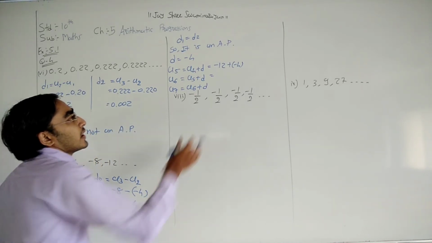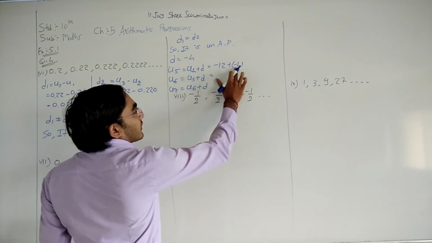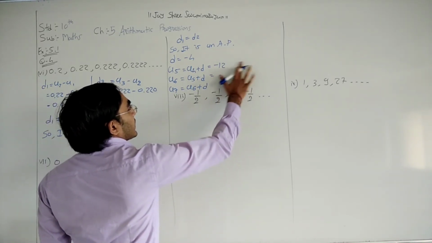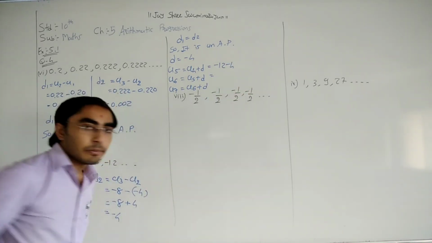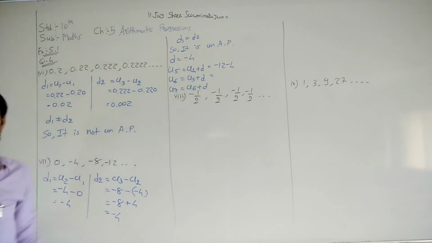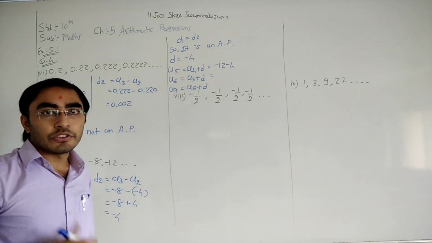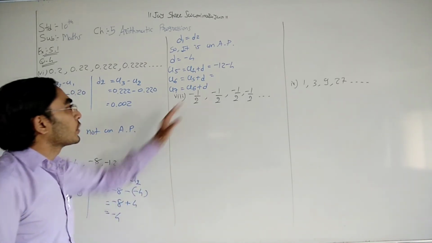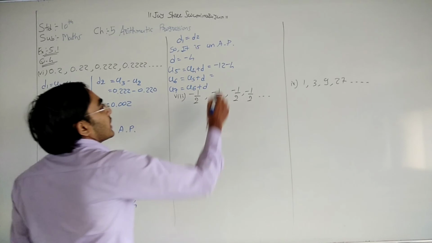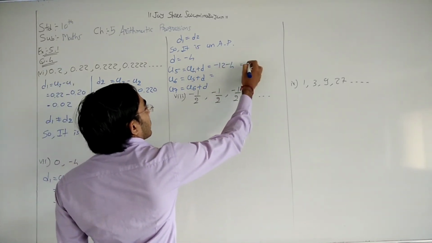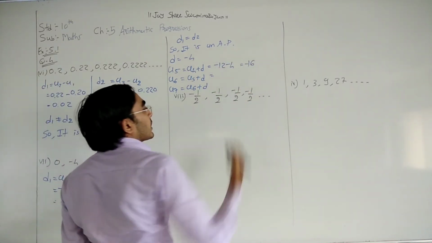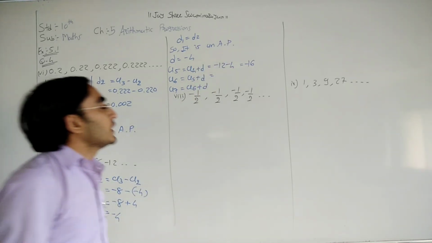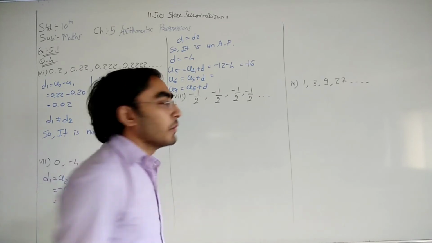Here plus minus gives minus, so directly we can write minus 4, because plus always keeps the same sign. Now minus 12 minus 4, that is 12 plus 4, 16. The bigger number 12 has a negative sign, so here a negative sign. Now this is the answer of our A5.